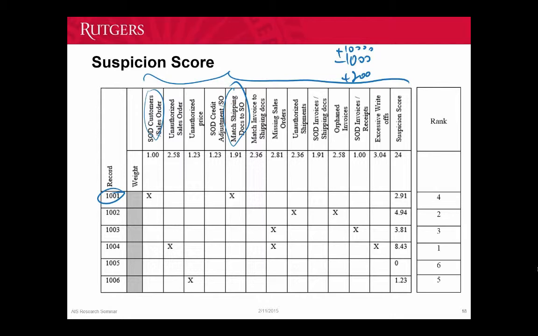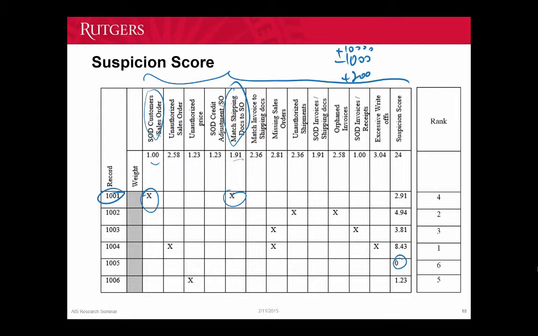At that point, the suspicion score will be the weight of each violated rule. So you add this one and this one: 191 plus 1. Then we repeated the same thing for all the transactions. So if a case has a suspicion score of 0, what does it mean? It did not violate any rules, so that is not even an exception.